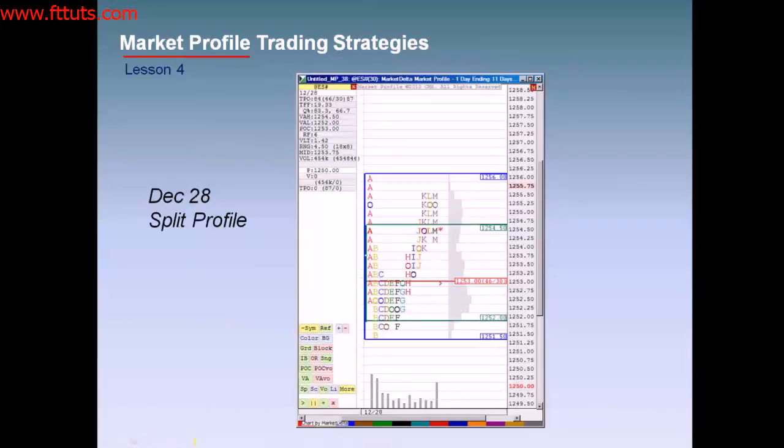Now, I split the profile for you so it would give you a better handle on looking at the different ranges throughout the day. Let us take a look at the A range. We opened up here, and then we navigated up a little bit, and then we dropped again.